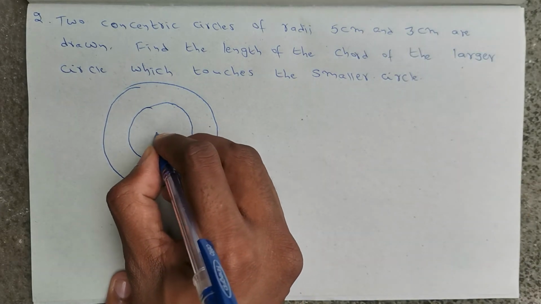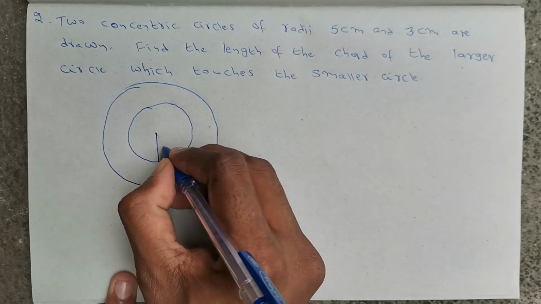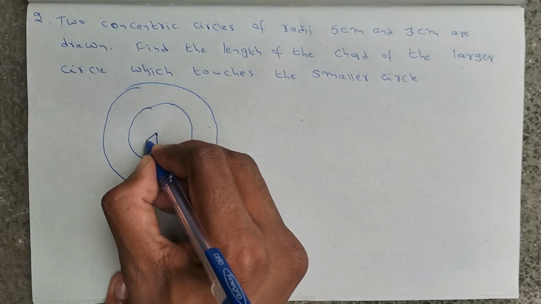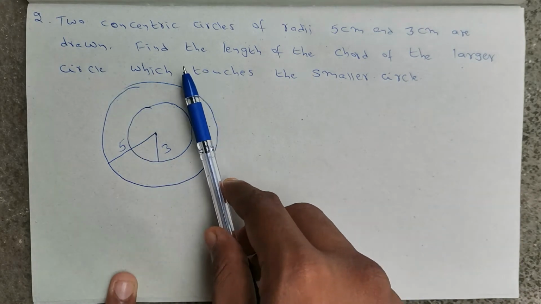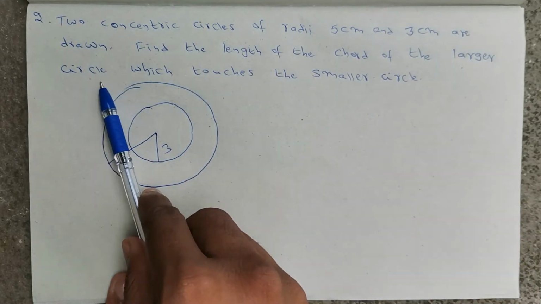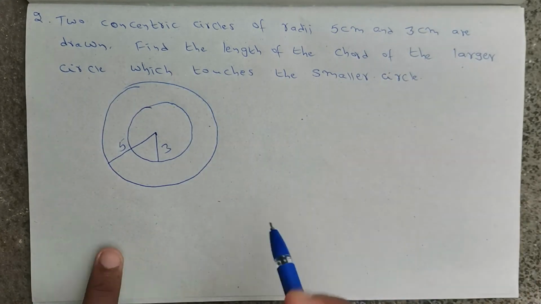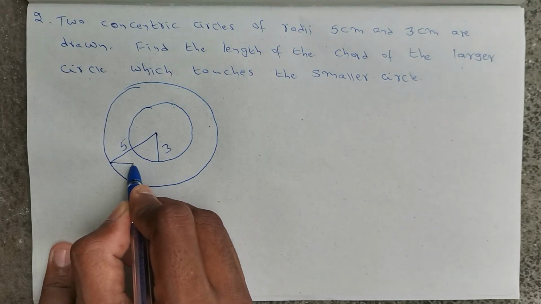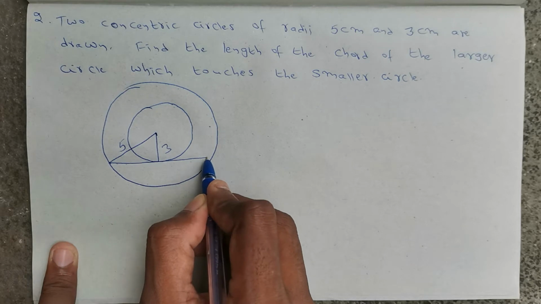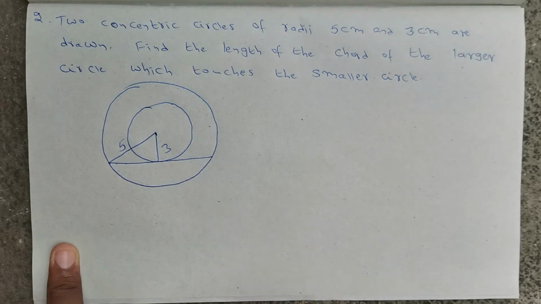The smaller circle obviously has the smaller radius, so this is 3. The bigger one with the bigger radius of 5 centimeters is drawn. Then find the length of the chord of the larger circle which touches the smaller circle. So based on this larger circle, if we draw the chord which exactly touches the smaller one, we need to find the length of that chord.